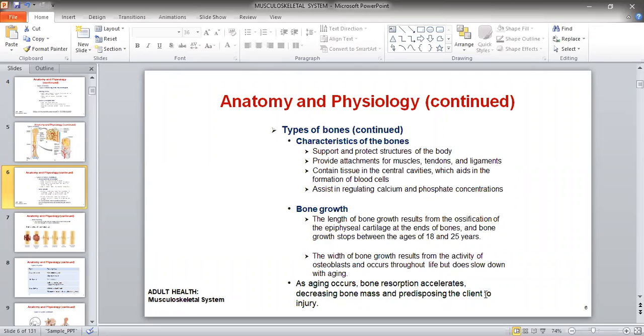What we have to know for board exam: as the aging occurs, the bone resorption accelerates. What does resorption mean? It means osteoporosis type of nature.